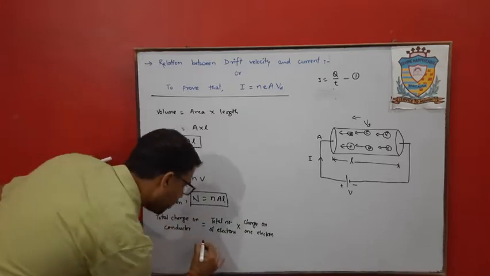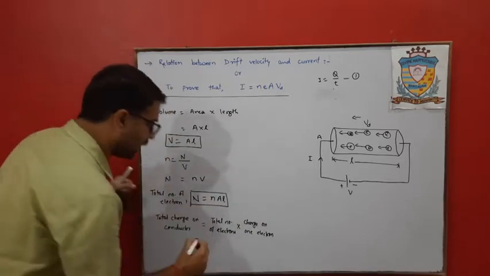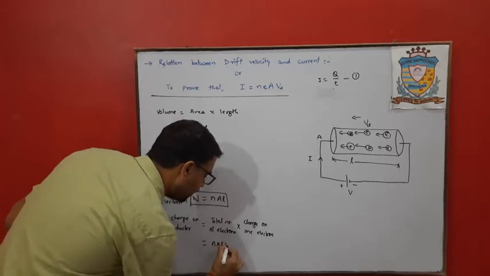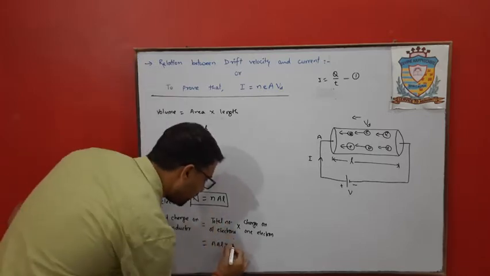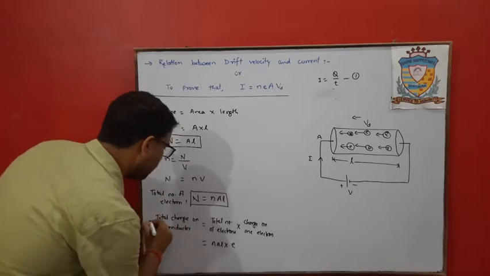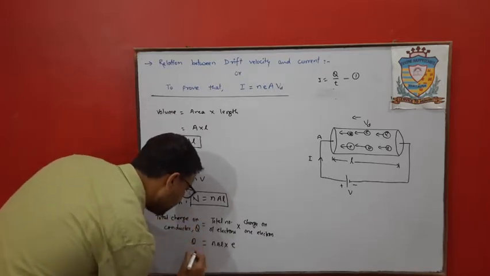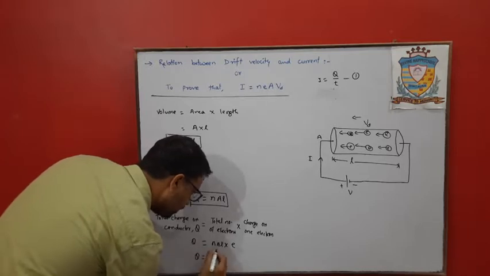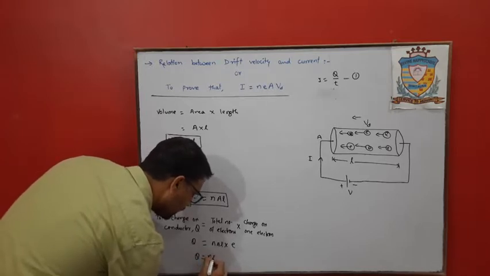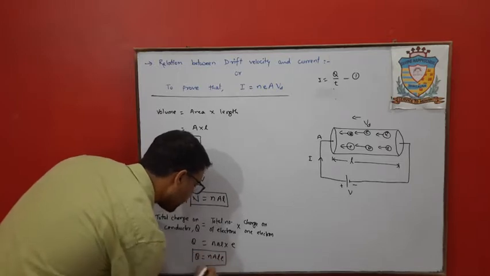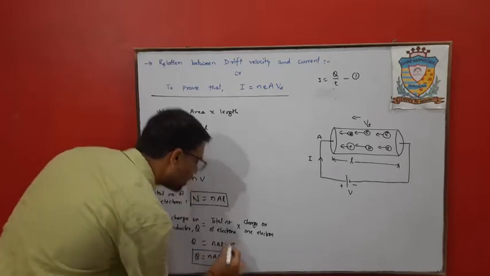Okay, so the total number of electrons is nAL, so nAL into the charge on one electron, e. So let this total charge on the conductor be capital Q. So this capital Q is equal to nALe. This is our equation number 2.